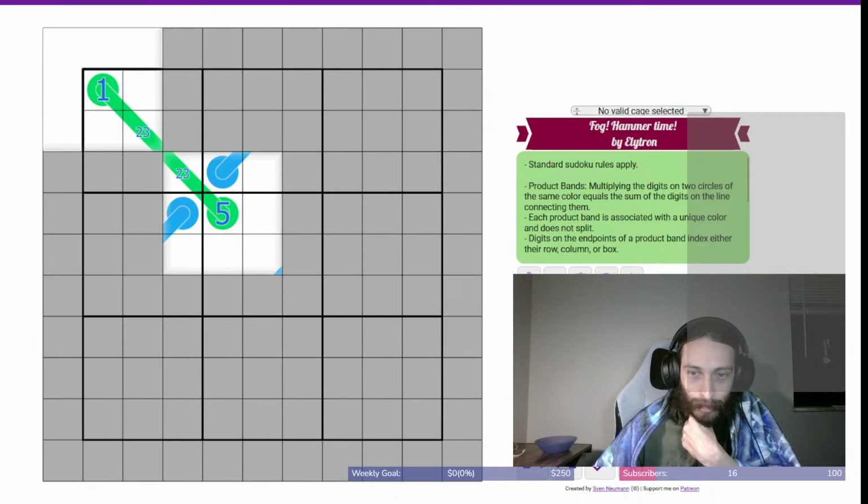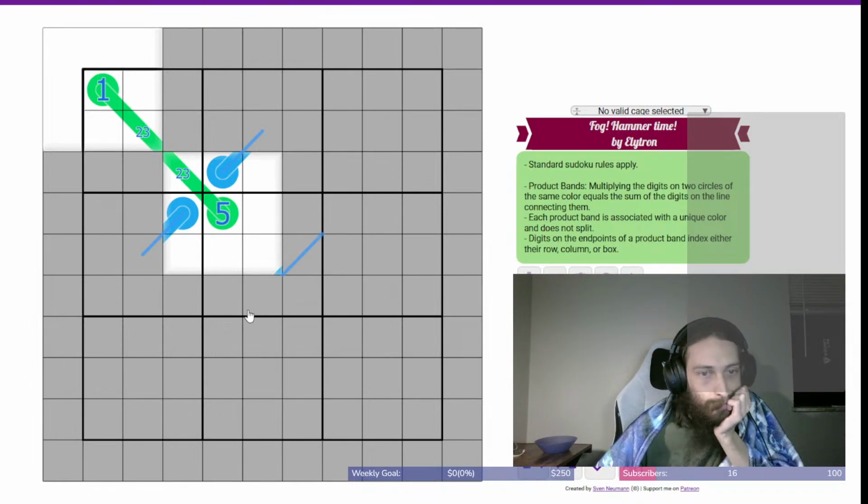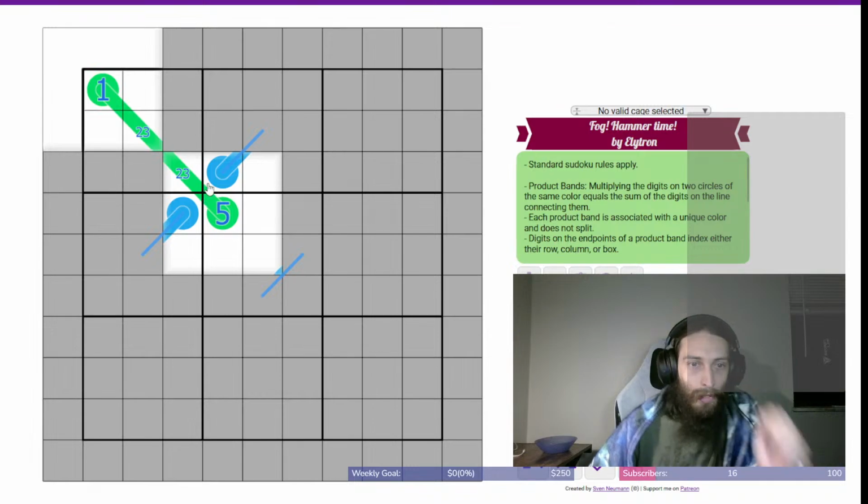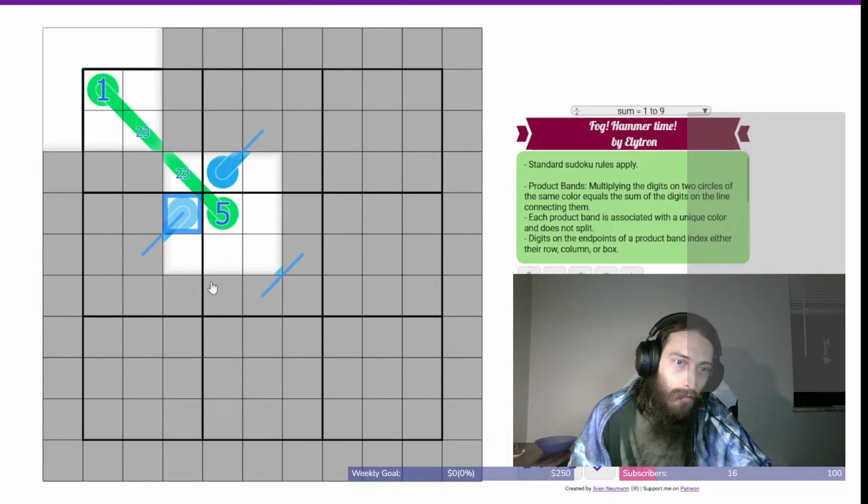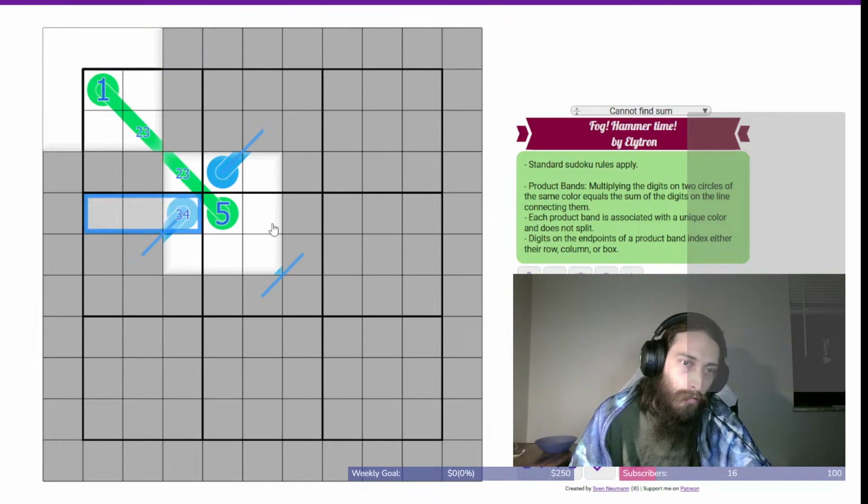All right, the blue line does some crazy stuff. But, indexing these, this is a 3 or a 4, because it's column 3, row 4, and box 4.